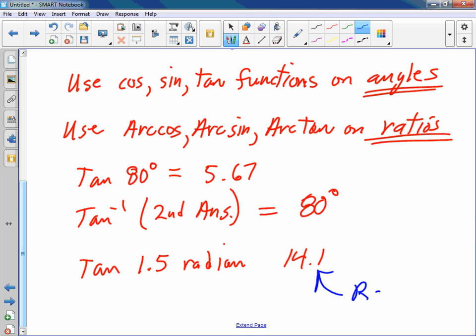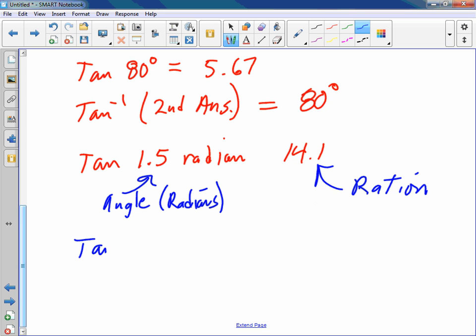This one's the ratio. This one's the angle. Angle in radians. Okay, and it starts to get a little weird. And then you go arctan, 14.1, and you get approximately 1.5 radians. So just be careful with those, is all I'm saying. Make sure you always know which one's an angle, which one's a ratio. That's important.